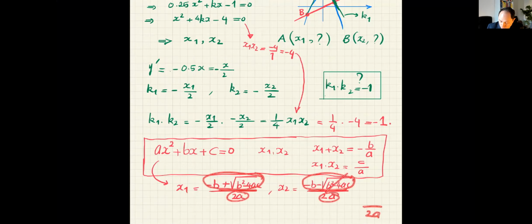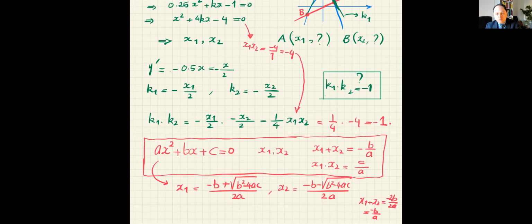But the negative and positive square roots will be canceled. I will get minus b and minus b, which is -2b. So x1 plus x2 is -2b divided by 2a, which is minus b over a, and that is exactly what I have shown here.